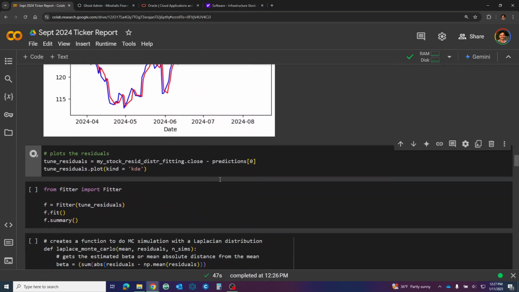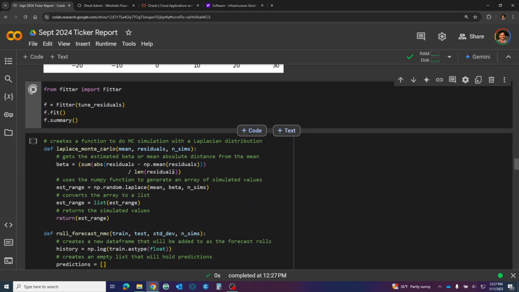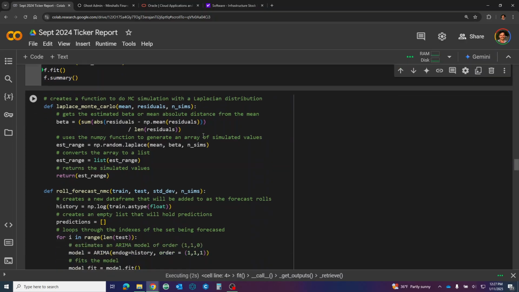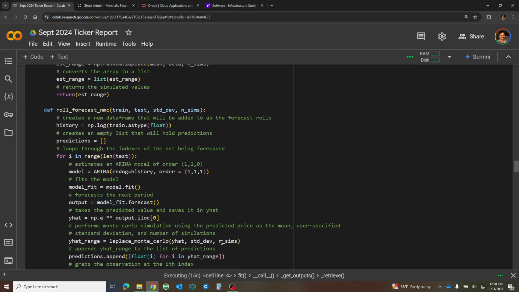So this is where we start tuning the residuals and fitting it, so that when we move on to our Monte Carlo interval calculations, where we take each forecast, we can take our residuals into account as well.